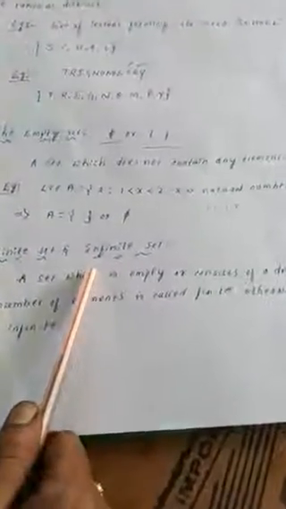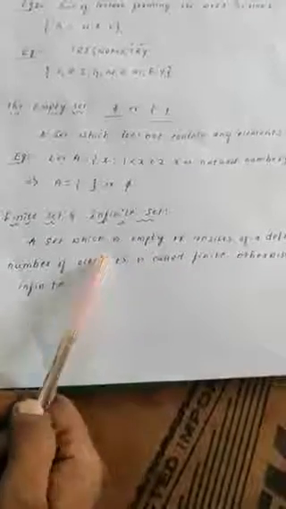Even the empty set is considered finite. If the elements in a set are a definite number, countable, then we call it a finite set, otherwise it is an infinite set.